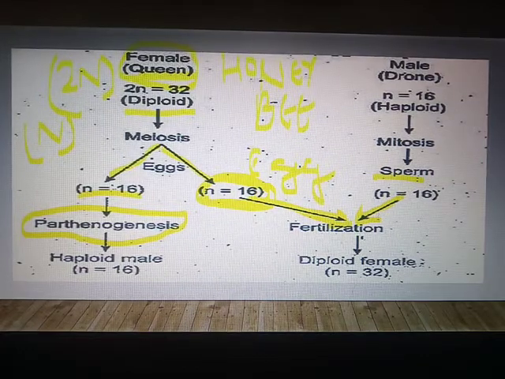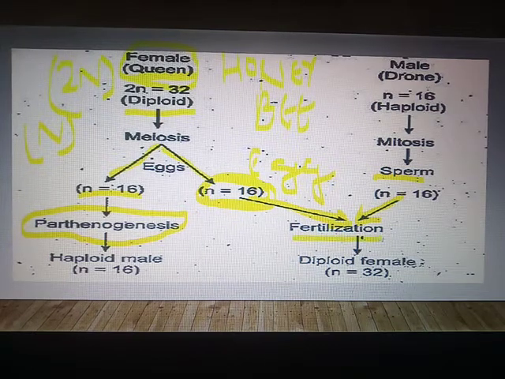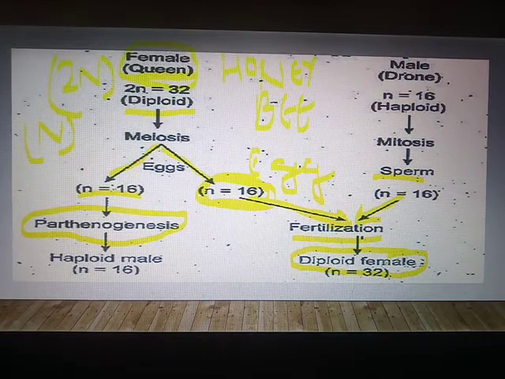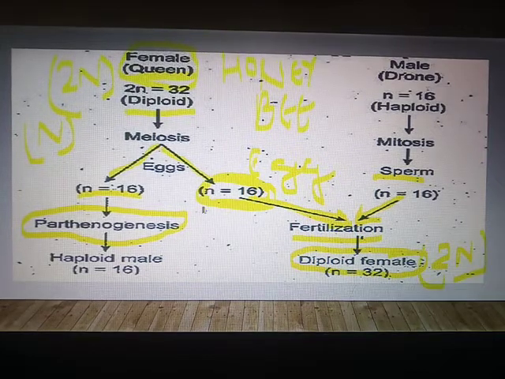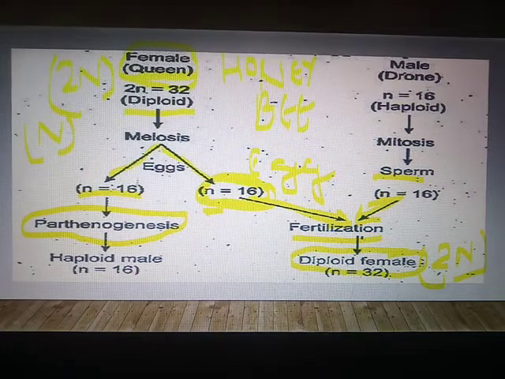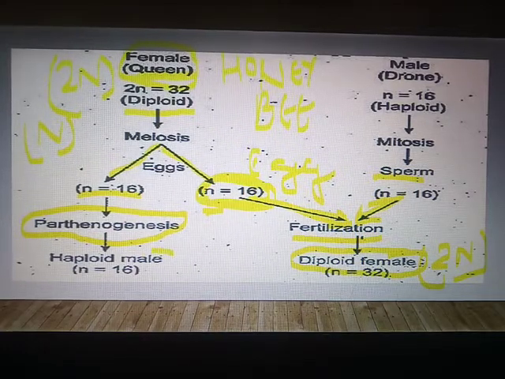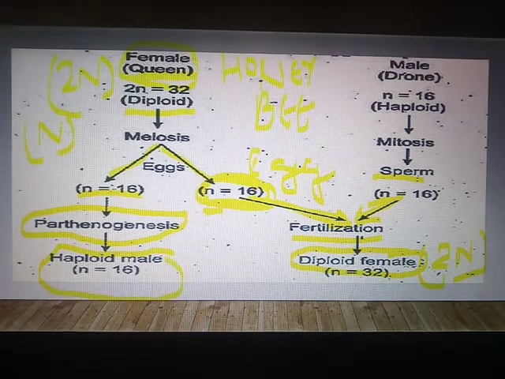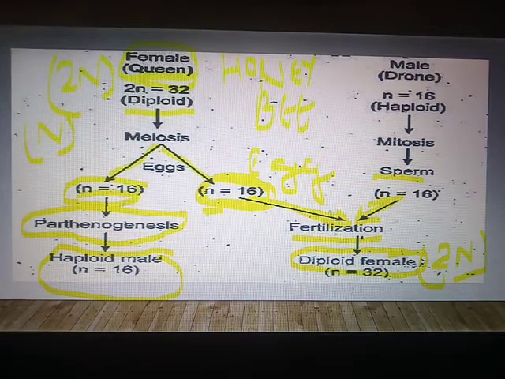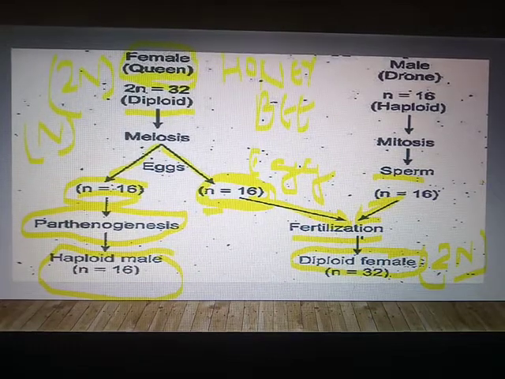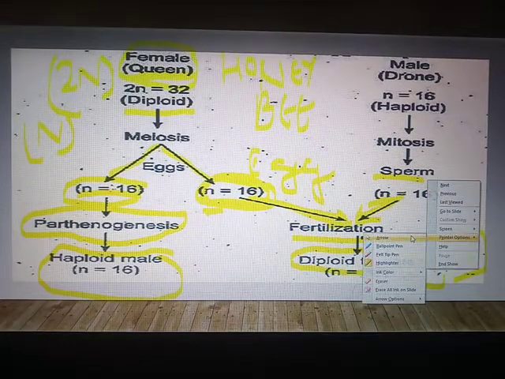When egg and sperm fuse, fertilization occurs and it forms diploid female. Clear? It forms diploid female because it forms from 2N, means 2 haploid cells. But in this case, a haploid male is generated because it is generated from single N or one haploid cell. So it is known as parthenogenesis. Clear? I hope you all will understand.